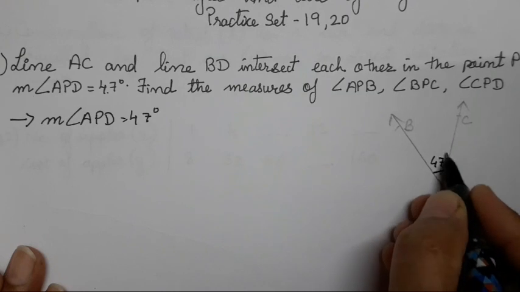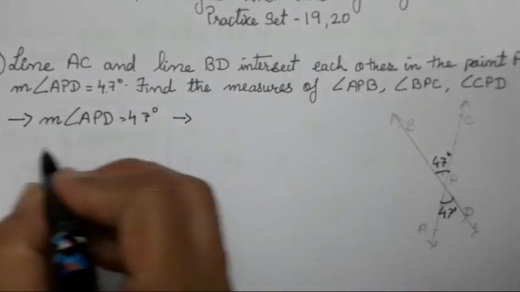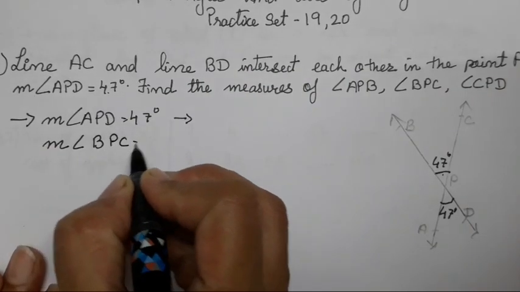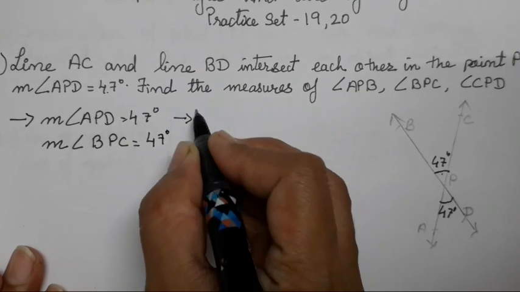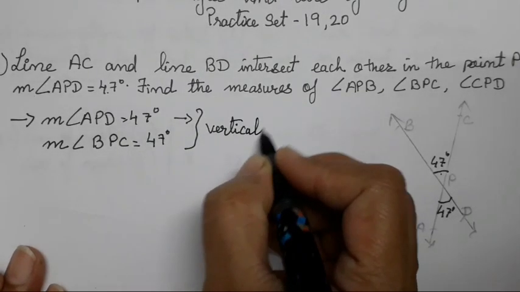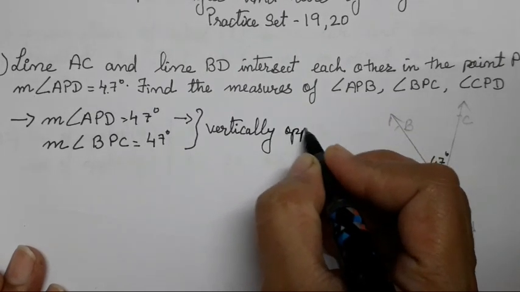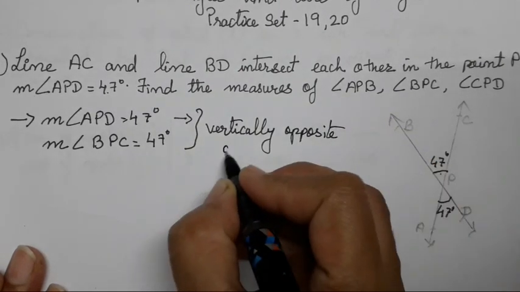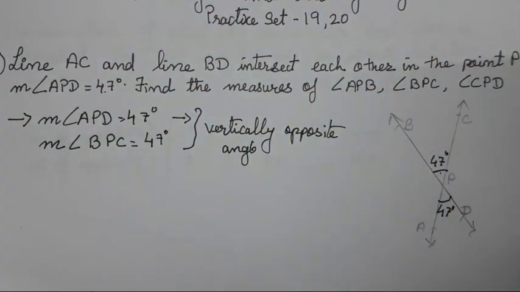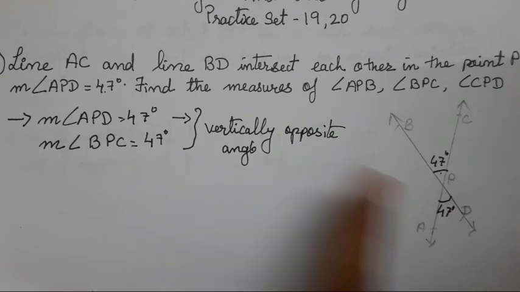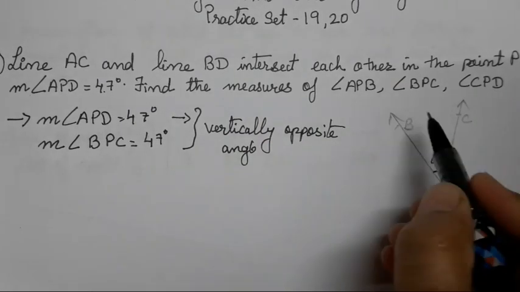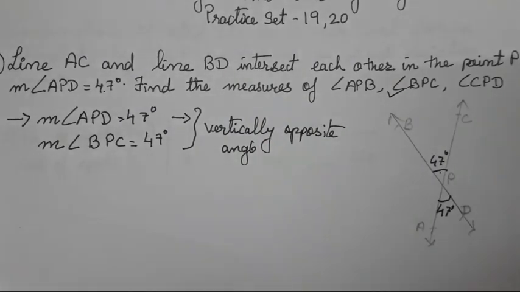It is also going to be 47 degree. So measure of angle BPC is also 47 degree, and the reason is because they are vertically opposite angles. Got it? It is very easy to understand. दोनों opposite side के हैं, that is why it is going to be 47 degree. So ये हमारा first point से हमें मिल गया, that is BPC हमें मिल गया. Isn't it easy to find?